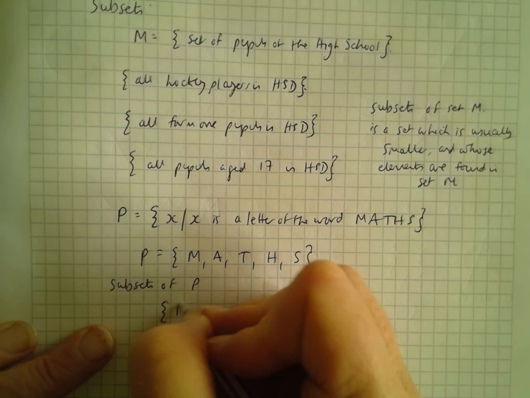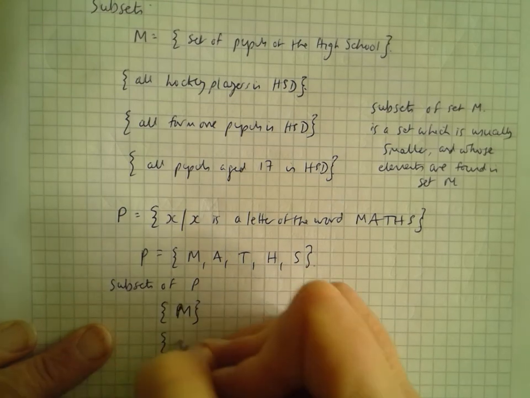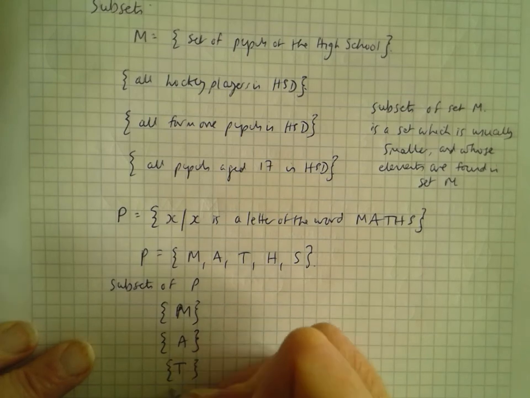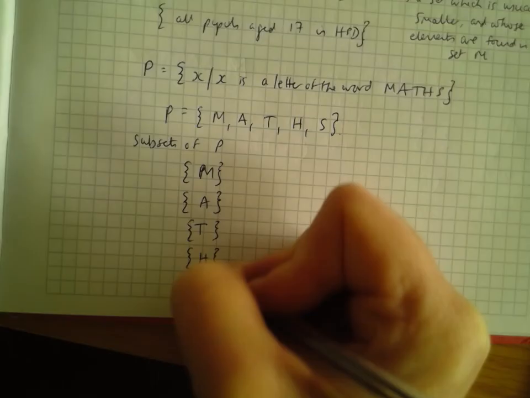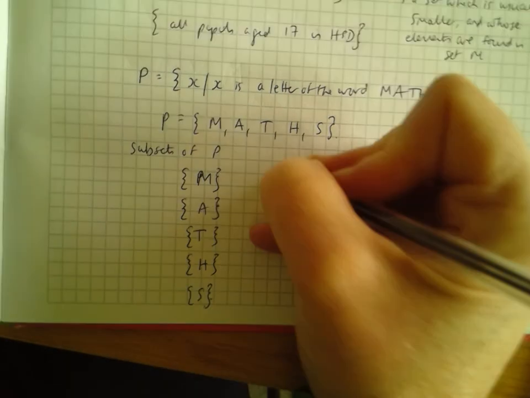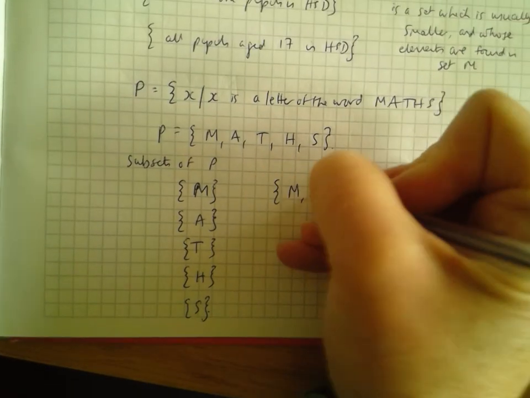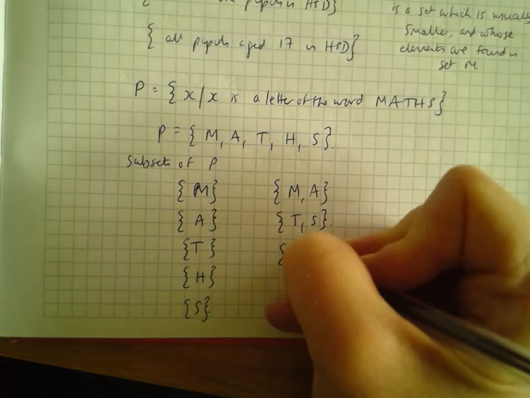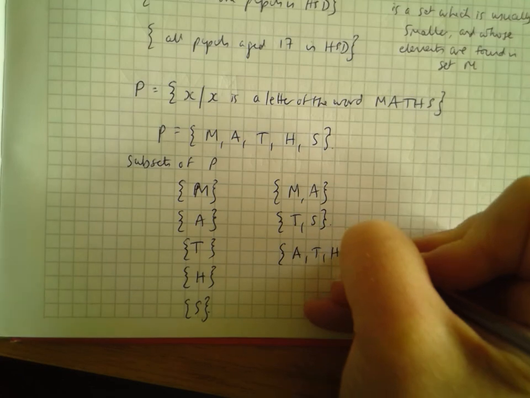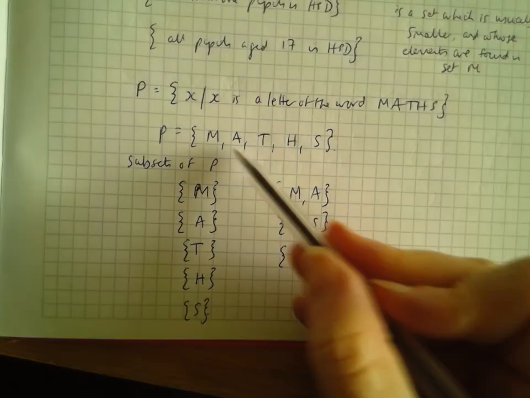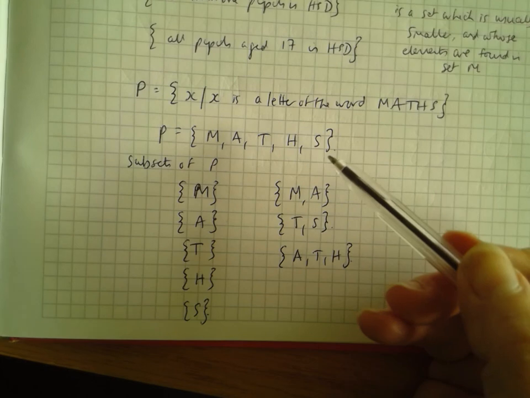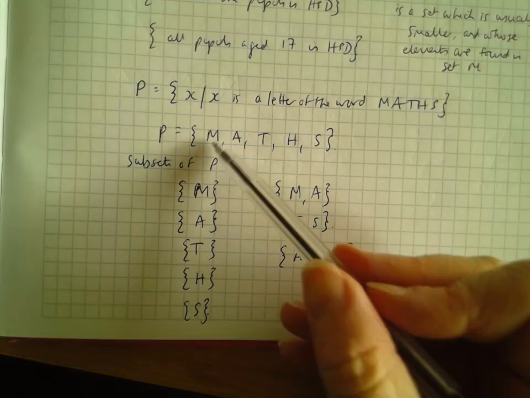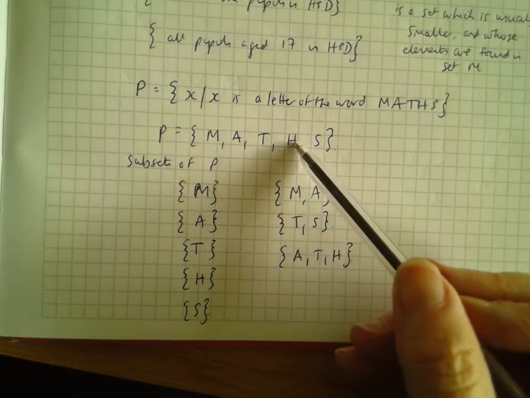You might have a set with just A in it, or just T, or just H, or just S. Or you might have a set that has M, A, or maybe a set that has T, S, or maybe a set that has A, T, H. Any set that is formed out of the set maths is a subset of set P. Okay, any set that contains elements from set P and only from set P is a subset.